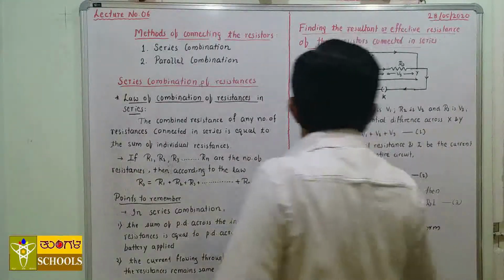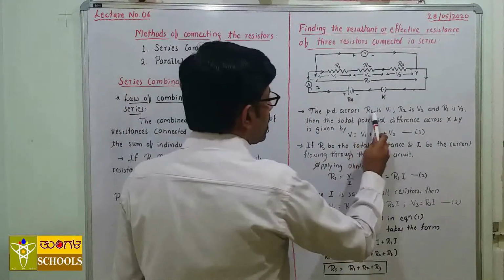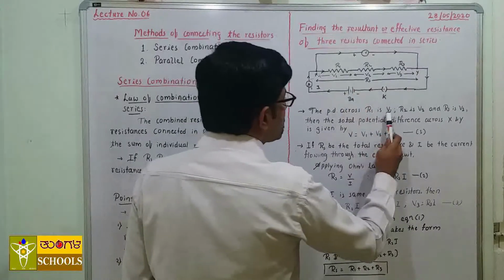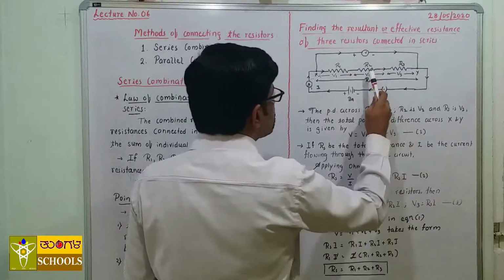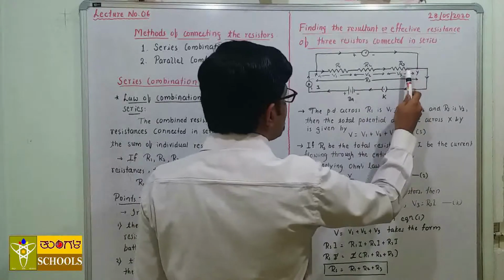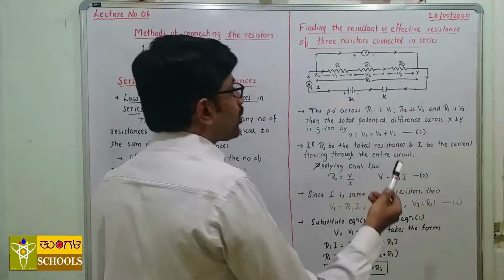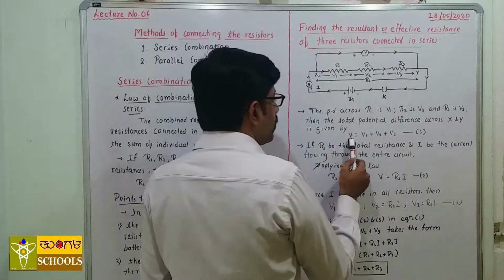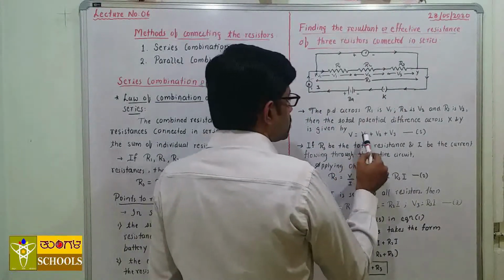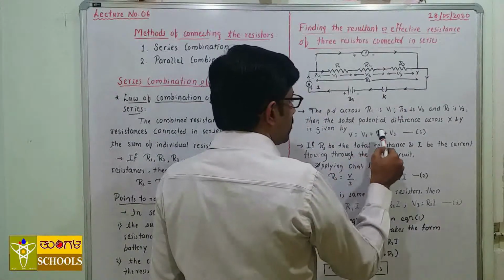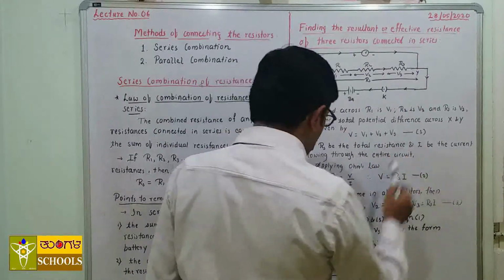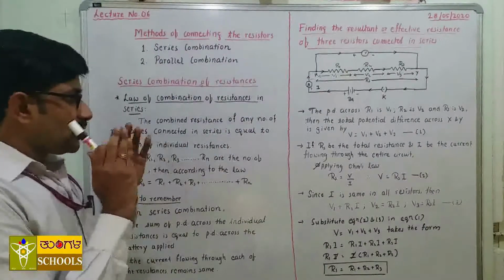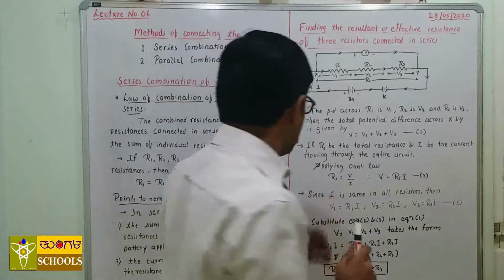You write that the potential difference across R1 is V1, across R2 is V2, across R3 is V3. Then the total potential difference across X and Y is V equals the sum of V1, V2, V3 respectively. Call that equation number 1.